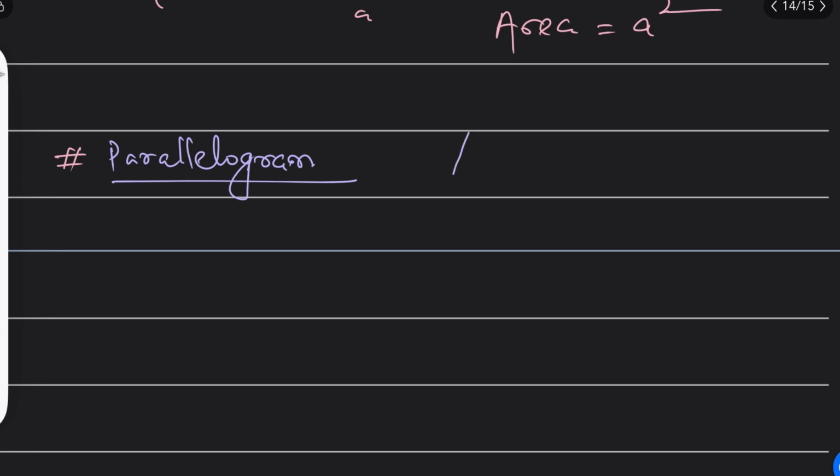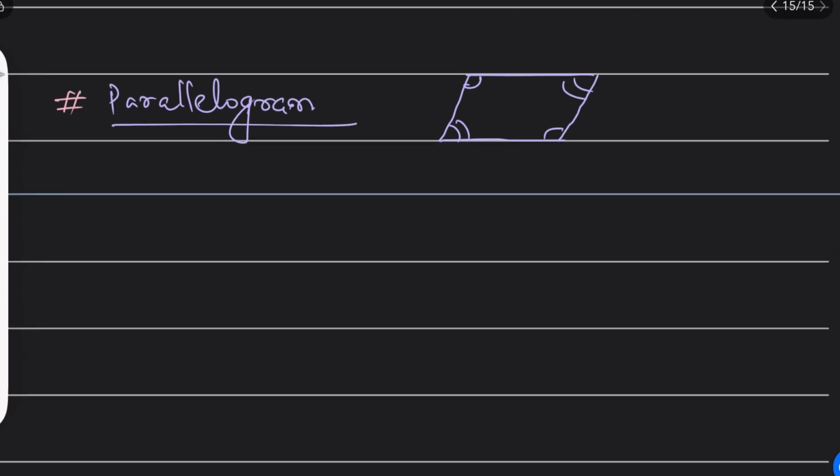A geometry in which opposite sides are equal in magnitude, but angles may not be 90 degrees to each other. Sir, opposite angles are equal, sir. Opposite angles are equal and opposite sides are equal.